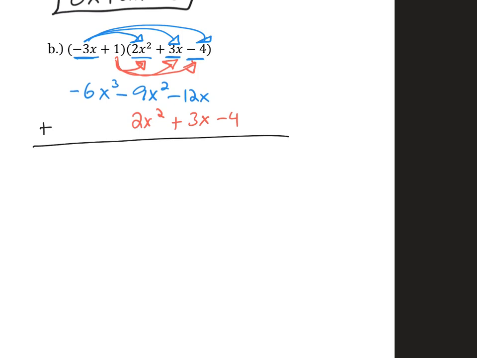This is what this whole page is about: the multiplying is the easy part. It's the keeping track of everything that's the challenge. All right, negative 6x cubed minus 7x squared plus 15x minus 4. There's our final polynomial in standard form. All right, that's it. Thank you for watching.